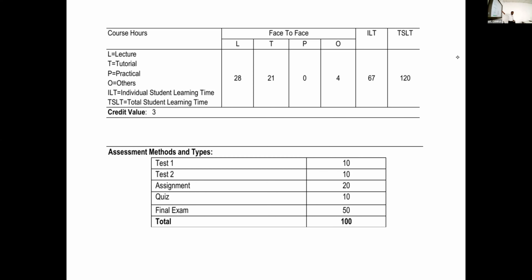You will have two classroom tests, each consisting of 10 marks, and also you will be given an assignment, through which you can score 20, and also one quiz. And the final examination, you will get 50 marks. This is your assessment method. Clear? Right.